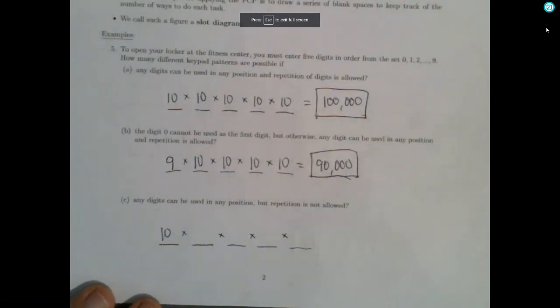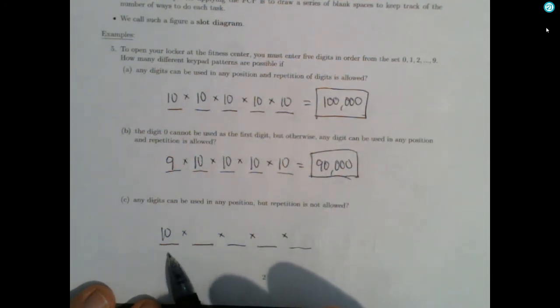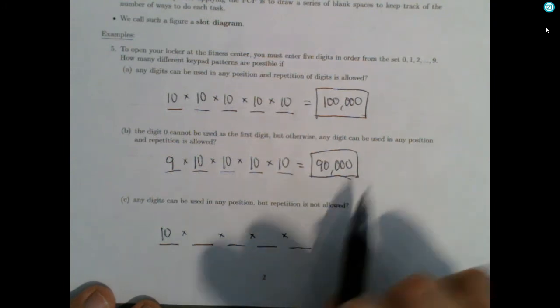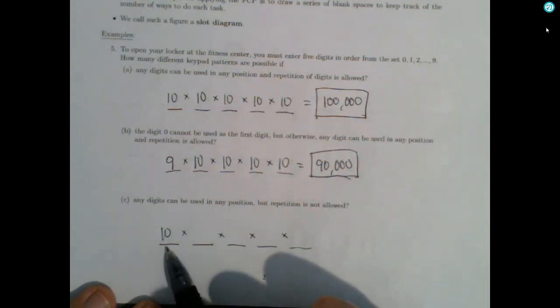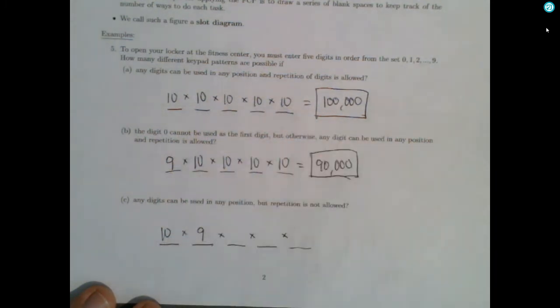Okay. For the second number in the code, you can use any number except the one you put in the first place, because repetition is not allowed, right? So if we had 10 possibilities for the first number, there are only 9 possibilities left for the second number.